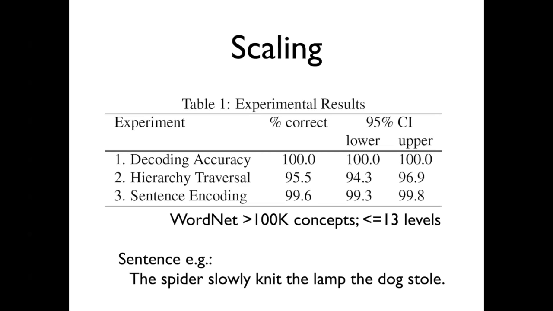These are grammatically well formed, but you'll notice that they're a lot more complicated than just having a verb and a couple of nouns. For instance, here we've got the spider slowly knit the lamp the dog stole. So we've got embedded clauses. It doesn't make any sense, of course, but it's got articles and embedded clauses and adverbs and all kinds of fun stuff. All of those things are decodable and then queryable.